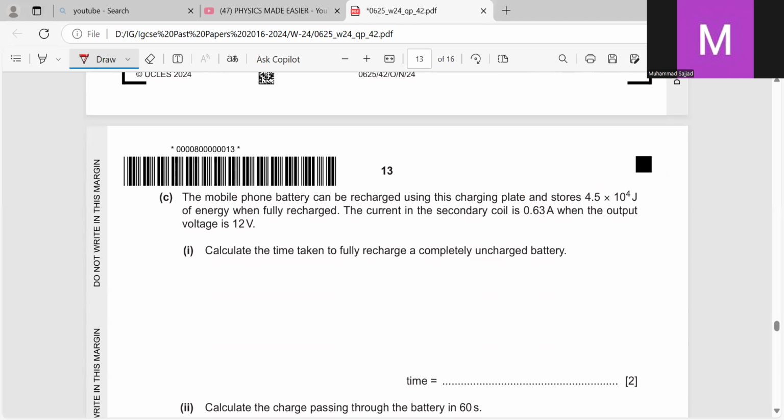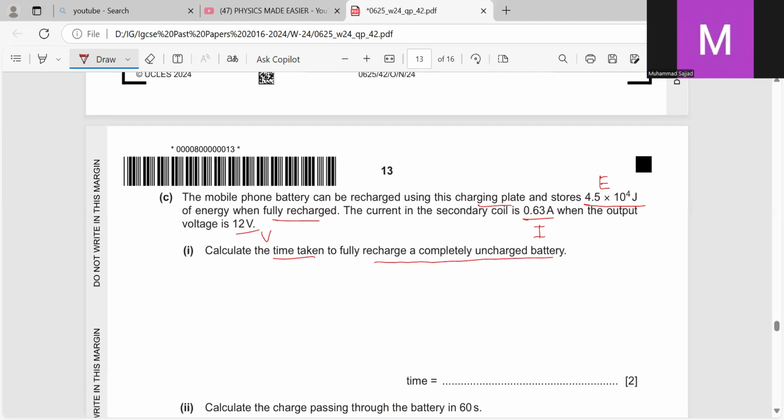Okay, my dear friends, now the mobile phone battery can be recharged using this charging plate and stores this much amount of energy when fully charged. The current in the secondary coil is 0.36 amperes when the output voltage is 12 volt. So current is given, V is given, so calculate the time taken to fully recharge the completely uncharged battery.